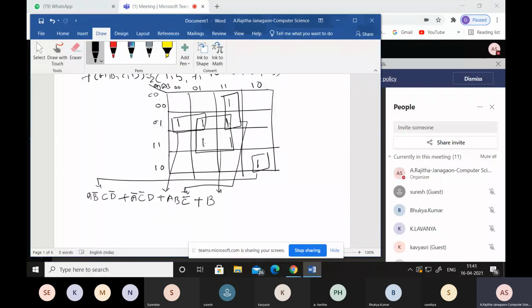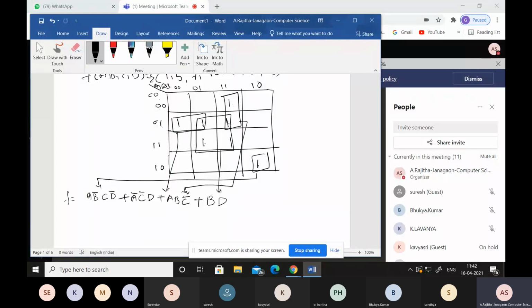So you can take B here and from these two, here C is different. Here C complement is there, for this min term C is there, for this min term C complement. So coming to D, here D, here D, here also D, here also D. So that's why take B, take it as D. Now you can observe here.